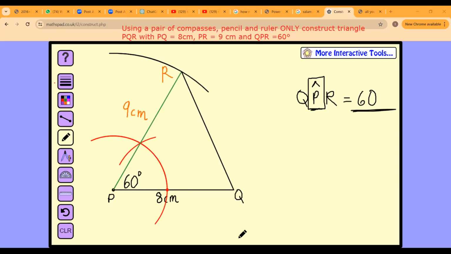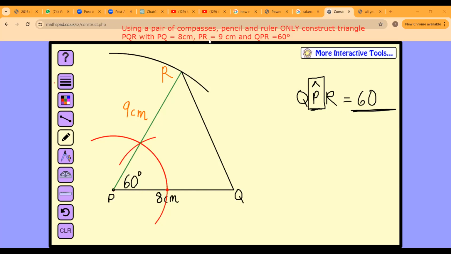All right, let's go ahead and explain this. Paul, how long is PQ? 8 centimeters. So we know that's 8 centimeters, so use a ruler to draw that. And after we draw that, what did we do? We went to PR, right?